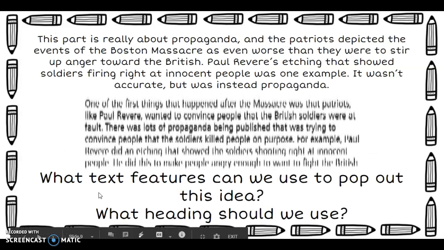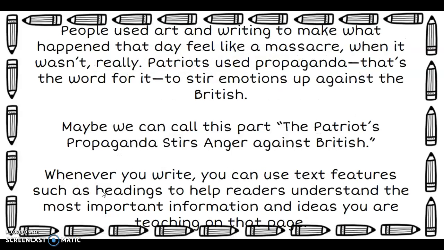So this part is really about propaganda, and the patriots depicted or showed the events of the Boston Massacre as even worse than they were to stir up anger toward the British. Paul Revere's etching that showed soldiers firing right at innocent people was one example. It wasn't accurate, but was instead propaganda.